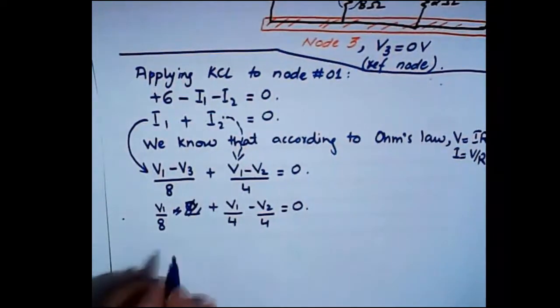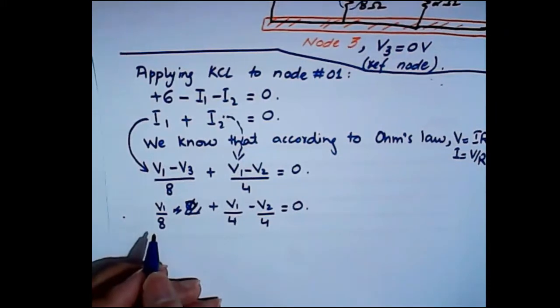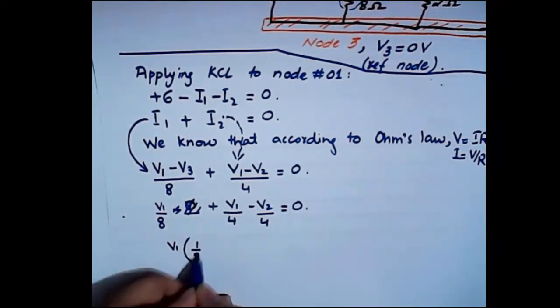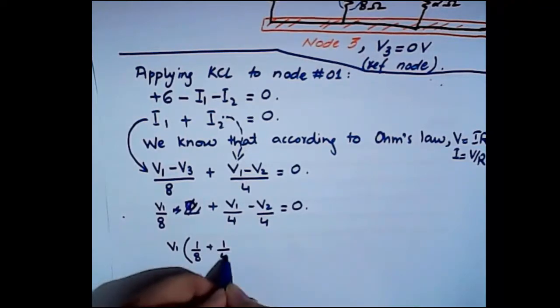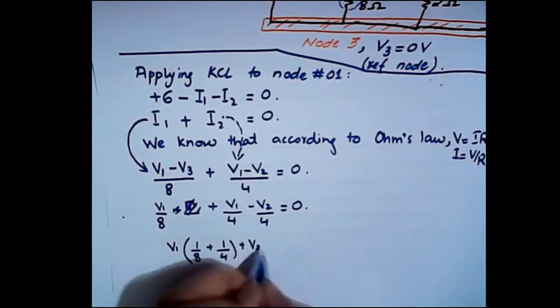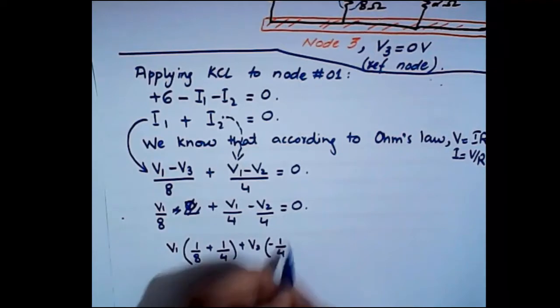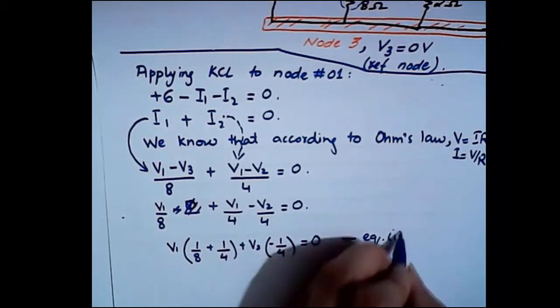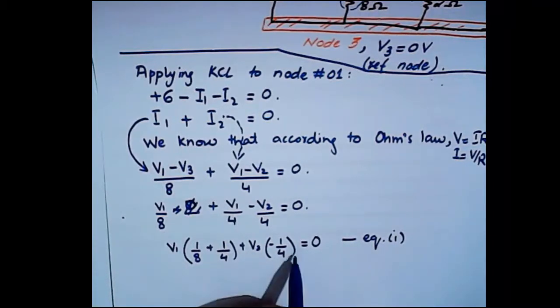When we simplify it, this will become V1, taking V1 common, (1 upon 8 plus 1 upon 4), plus V2 times (minus 1 upon 4), equal to 6. Let's name this as equation number 1. I hope this is clear now.